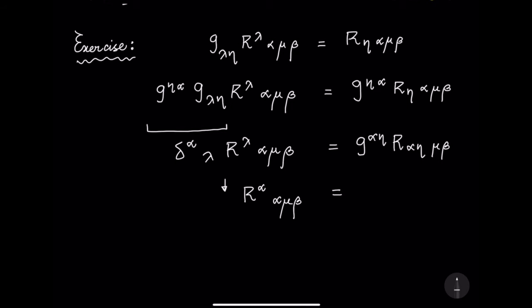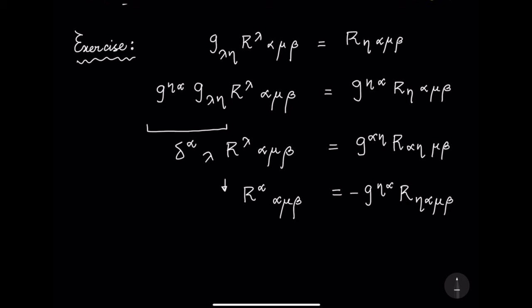What about the right hand side? Well, g is symmetric, so I can write this as eta alpha, but R is anti-symmetric. Remember the identities, so I will pick up a minus sign if I want to write it in terms of this.